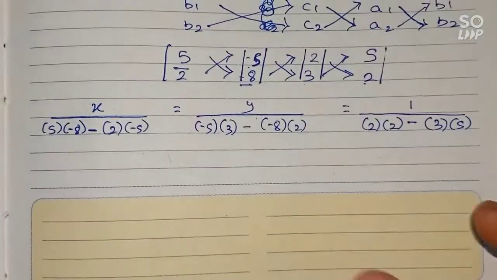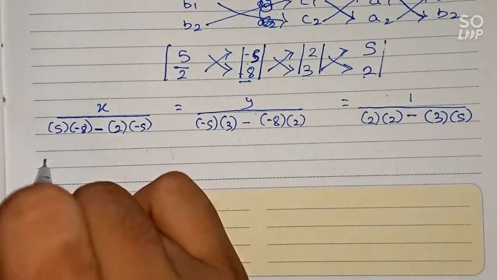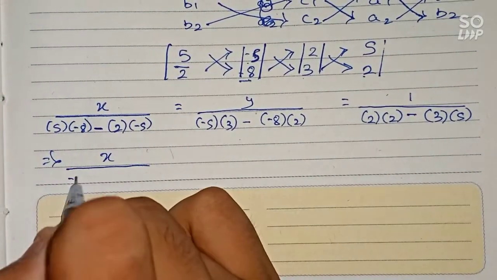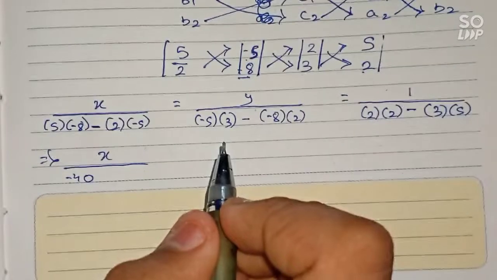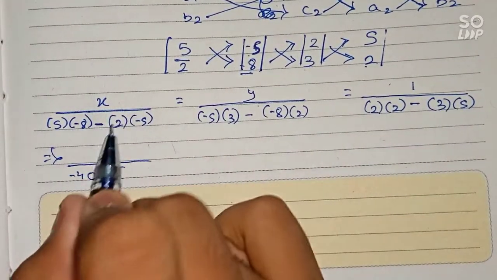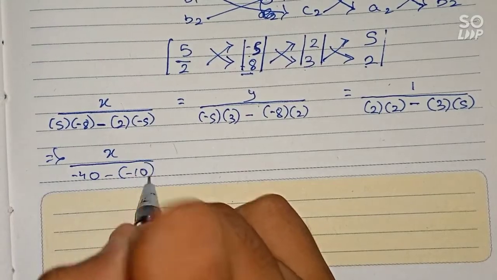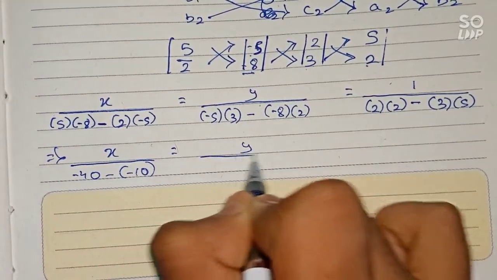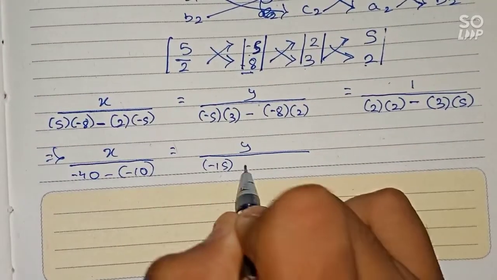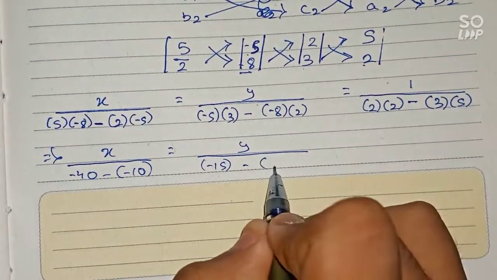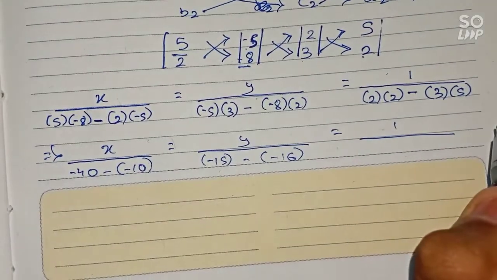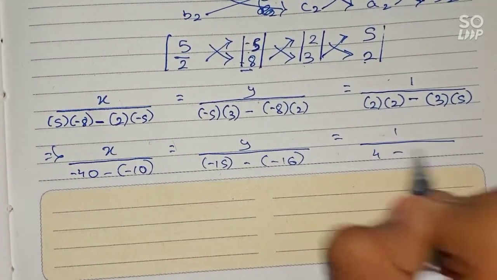So now let us simplify this equation first. x by 5 into minus 8, minus 40, minus 5 into 2, into minus 5, minus 10, is equal to y by 5 into minus 5 into 3, minus 15, minus sign, minus 8 into 2, minus 16, is equal to 1 by 2 into 2, 4, minus 3 5s are 15.